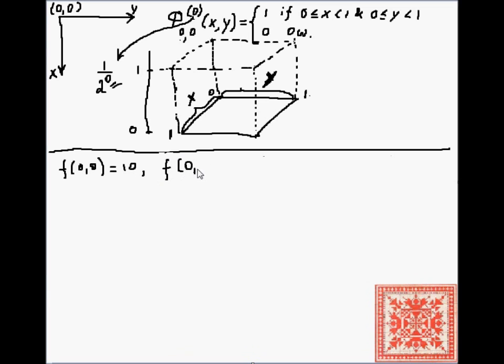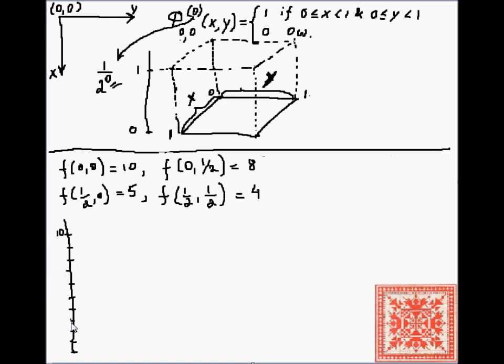F of 0 and half is equal to 8, and f at 1/2 and 0 is equal to 5. And finally, f at 1/2 and 1/2 is equal to 4.